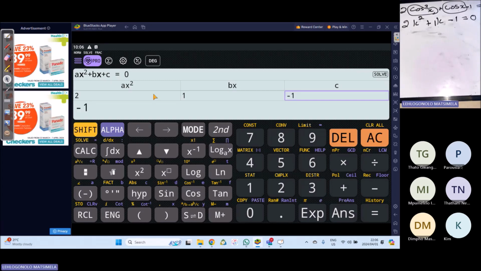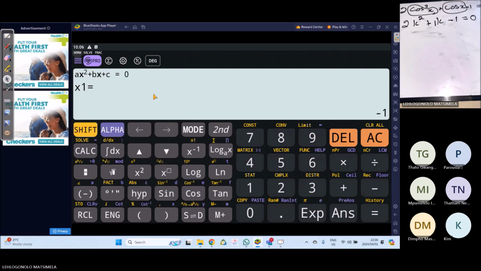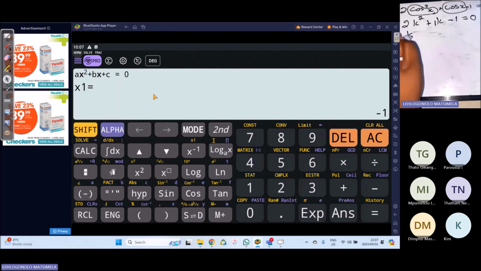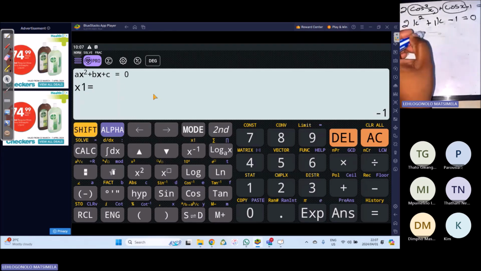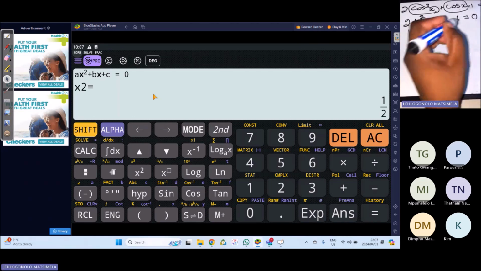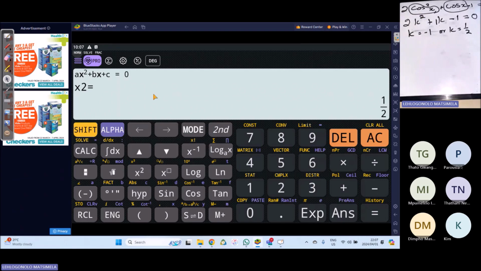Then press equals. The first answer is minus 1, so our K number 1 is equal to minus 1, or K number 2 is equal to 1 over 2. That's simple. It helps me calculate solving for x.